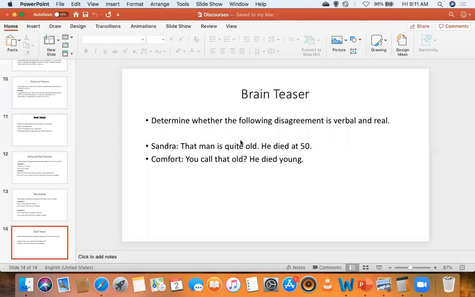In the real dispute, you have to present reasonable facts in order to resolve the issue. But in a verbal dispute too, you still have to get facts to back it up. I want to understand how to differentiate between the two.